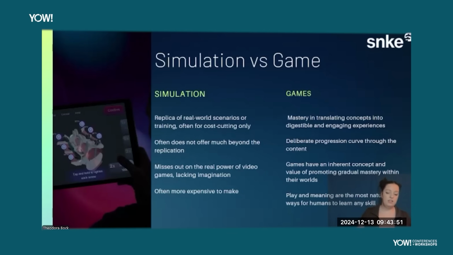Because the easiest and, to me, sometimes frustrating route is for them to think about it as a simulation. So it's an easy pitch to go, oh, you have this training that you do with however many people, and you have to rent a facility and rent a trainer and rent whatever kind of stuff to make it happen. Just make it into a game, and then people don't have to travel somewhere, and they understand the cost-cutting benefit of replicating real-world scenarios.